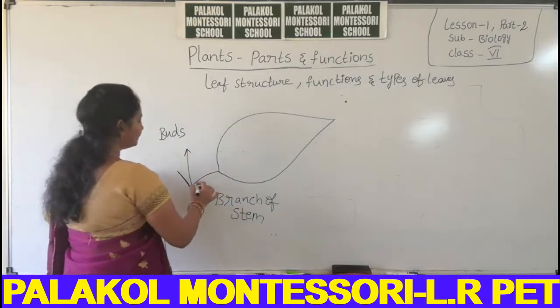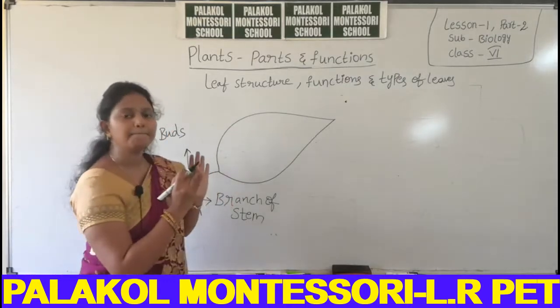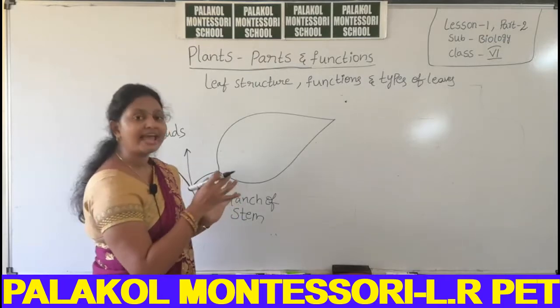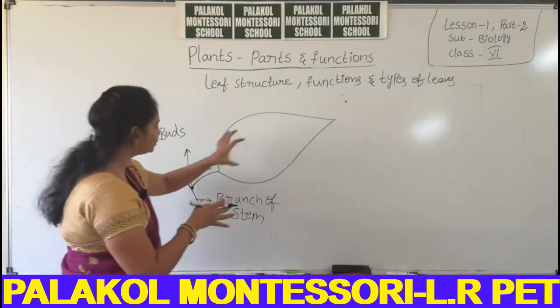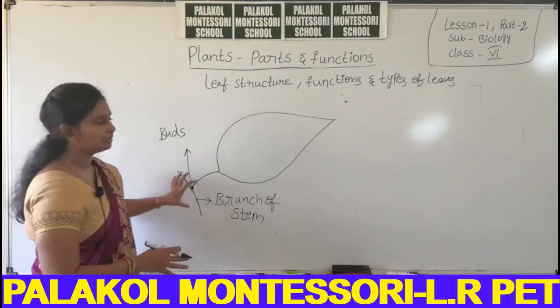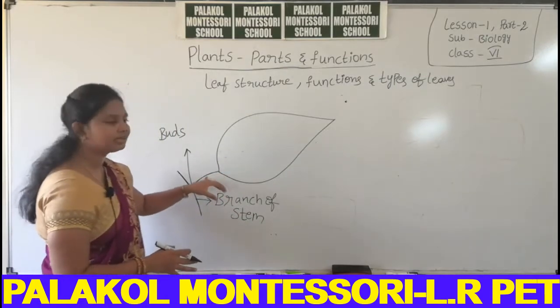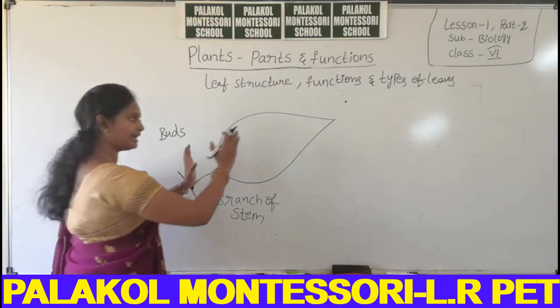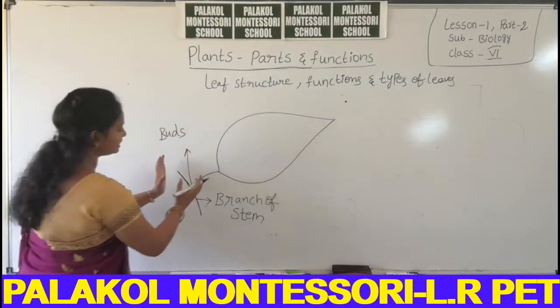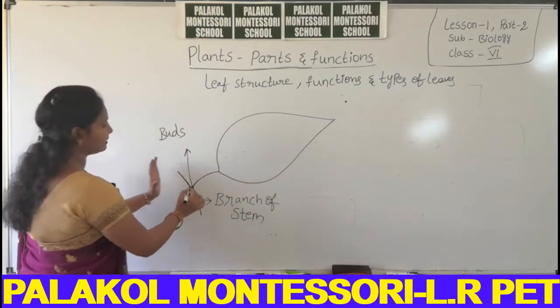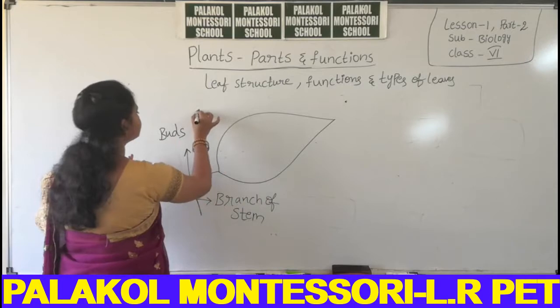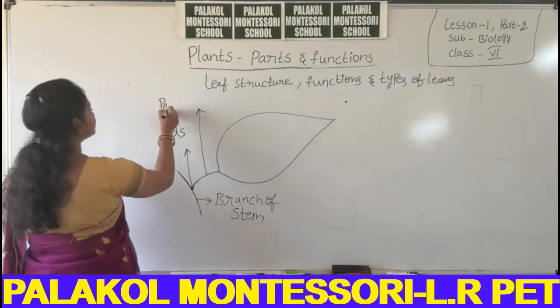The part which attaches the leaf to the stem, the part of the leaf which attaches the leaf surface to the stem or branch of stem, is called the petiole.